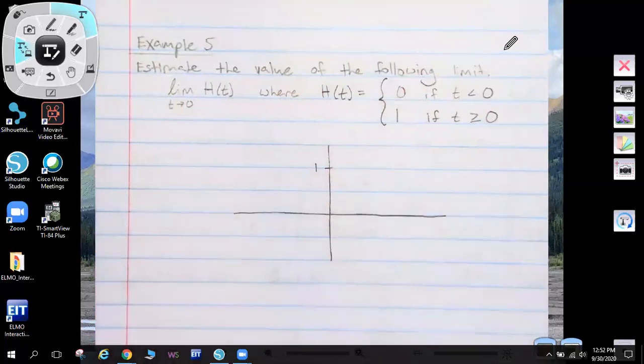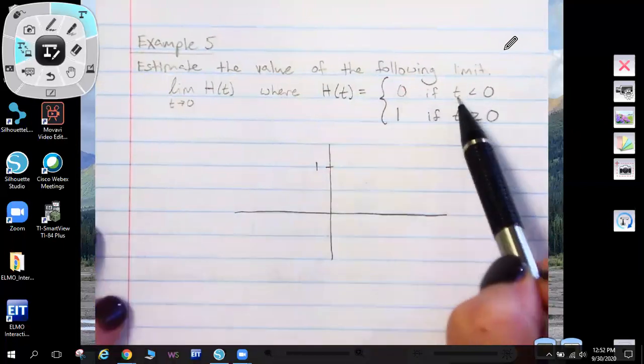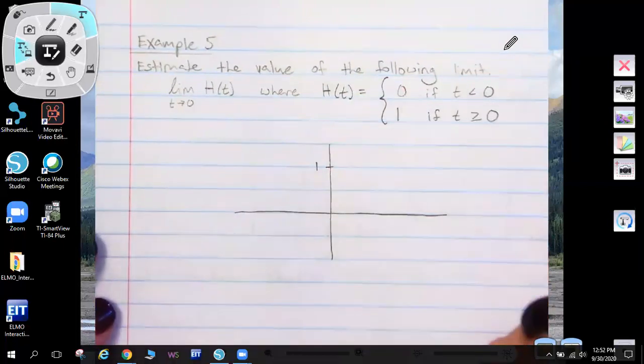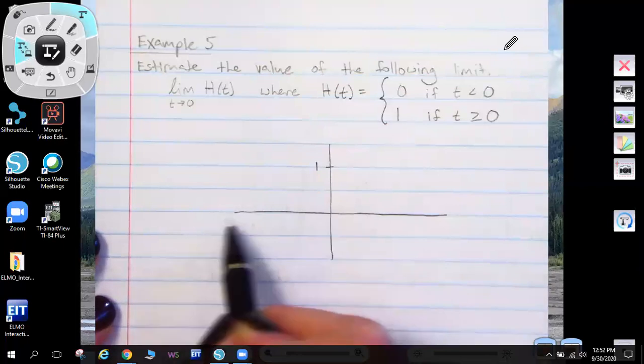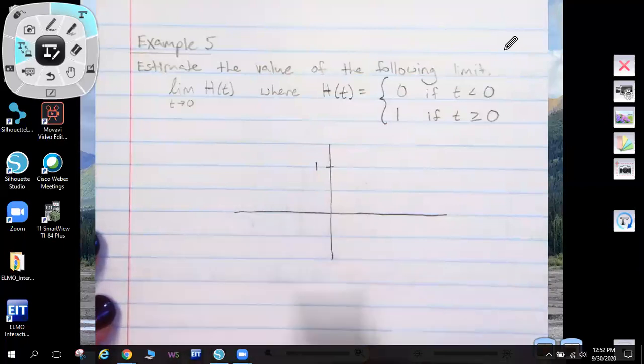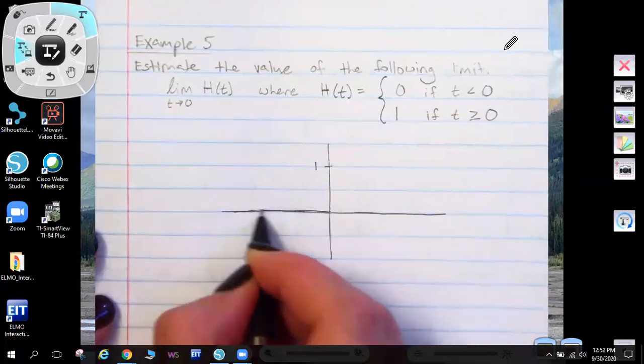Okay, so the function value is 0 when t is less than 0. So on the left side of the y-axis, where our x values are less than 0, our function is 0, so it's going to be laying on the x-axis here.